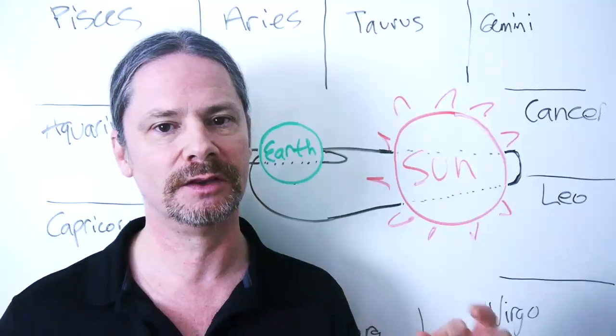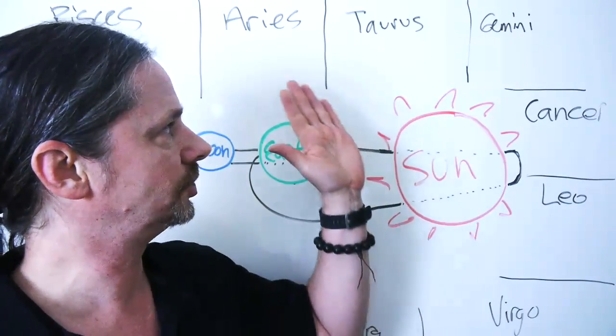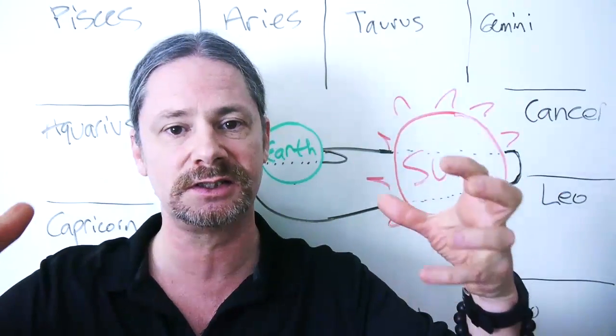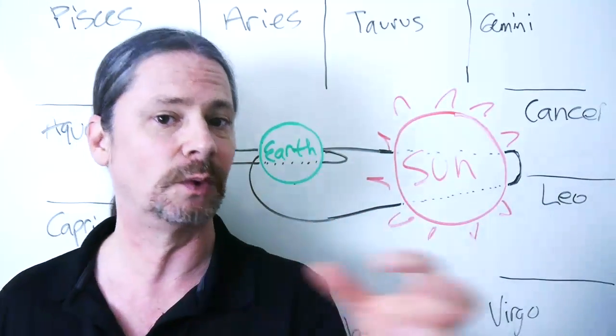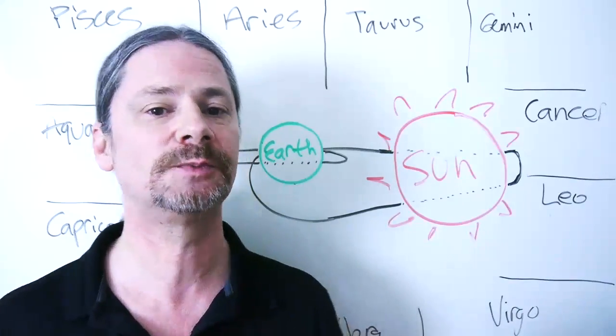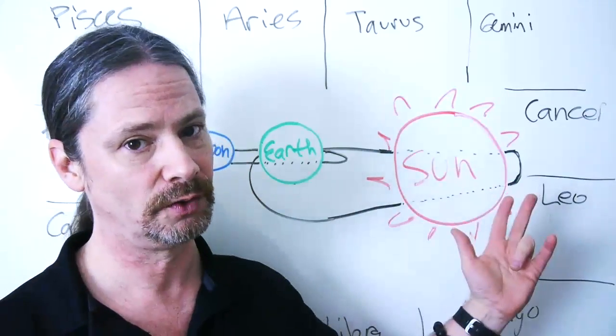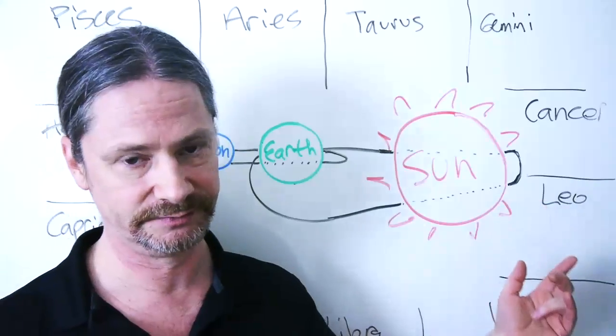Very clearly, the Western calendar is based on trying to make consistent days line up with the Earth's movement around the sun, because the solstice points and the equinox points are the cardinal points in the Earth's orbit around the sun.